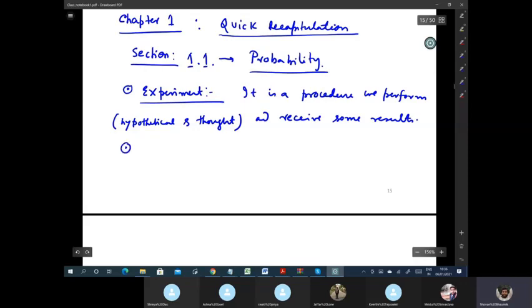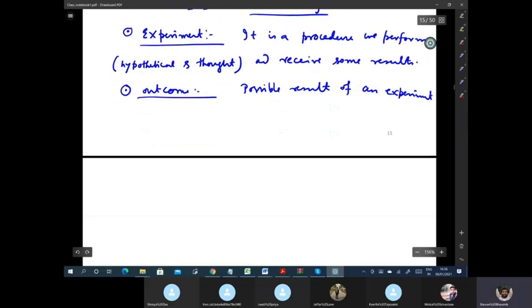Now what is an outcome? It is a result, a possible result of the experiment. Outcome is a possible result.